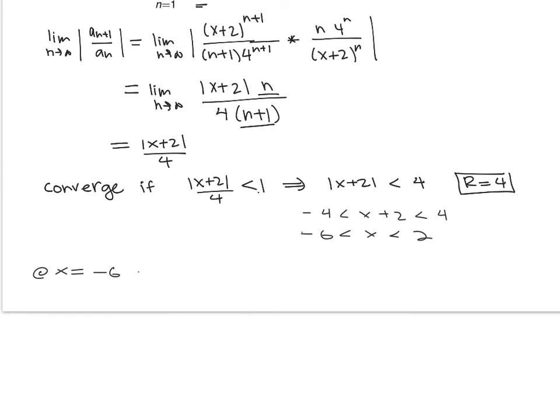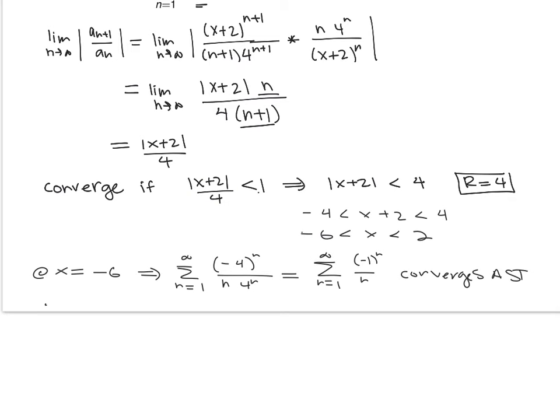If we input negative 6, our series becomes a sum from n equals 1 to infinity of negative 4 to the n over n times 4 to the n, since negative 6 plus 2 is negative 4. Now that simplifies to the sum from n equals 1 to infinity of negative 1 to the n over n, and that will converge by the alternating series test.